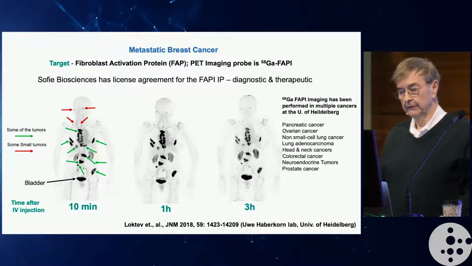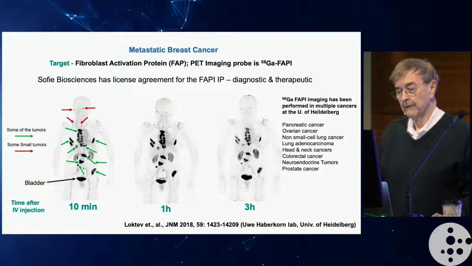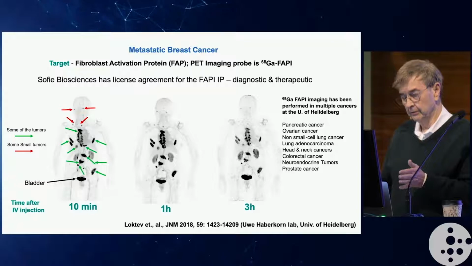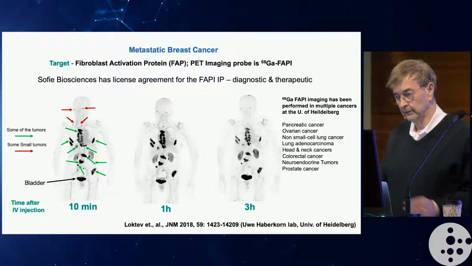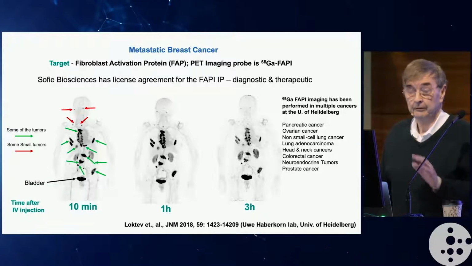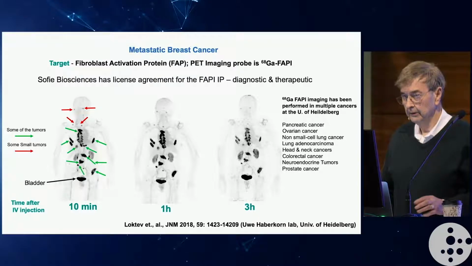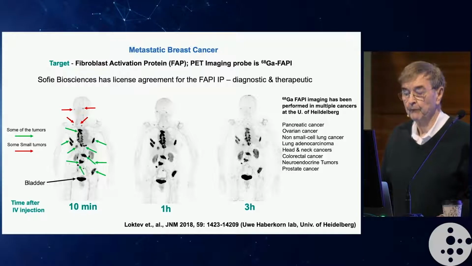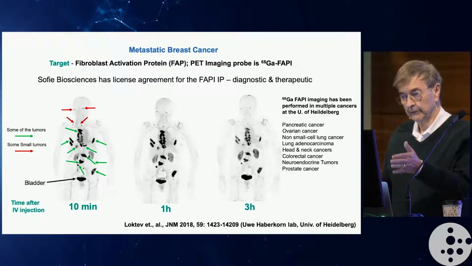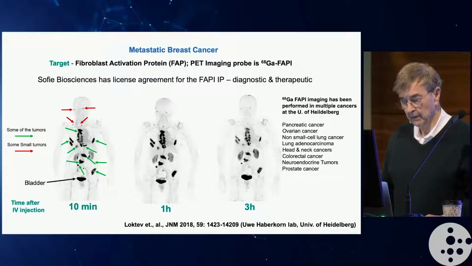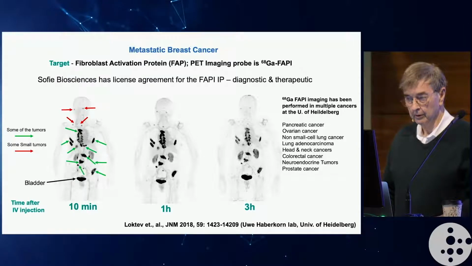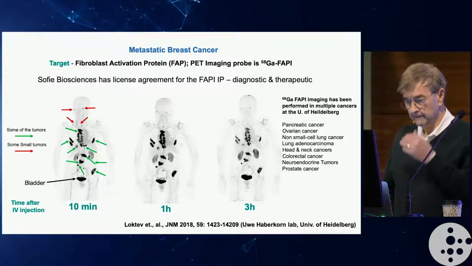So I want you to look at these images. The images I've shown you before and the ones in the last I'm going to show you in a minute, I know you're not used to reading these images, but there are only two things I want you to look at. So you look at this breast cancer patient with the FAPI1 probe targeting FAP.